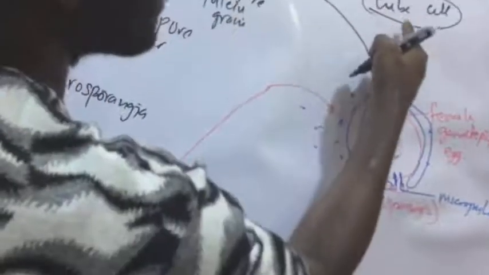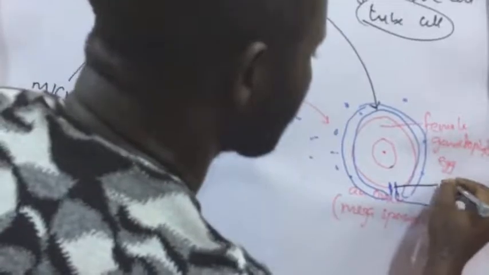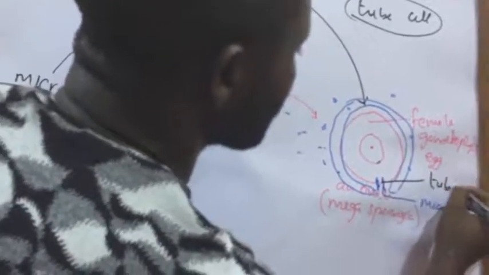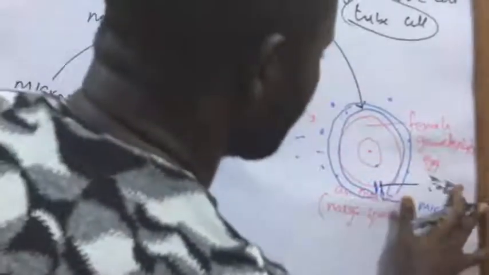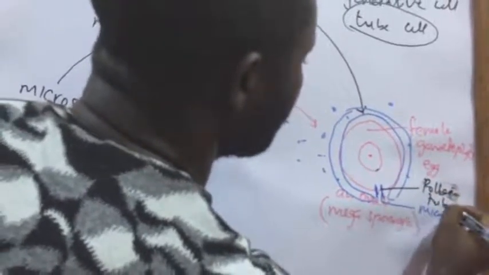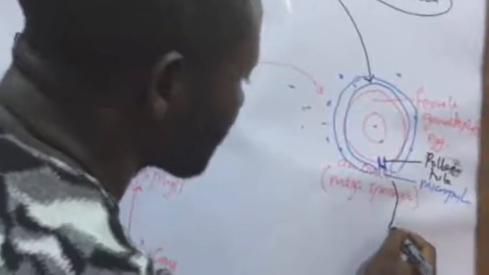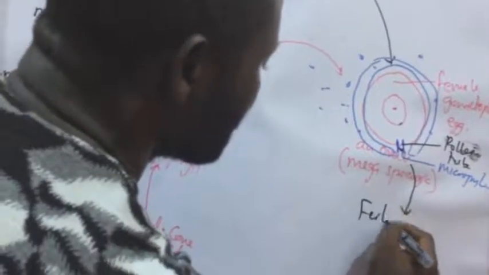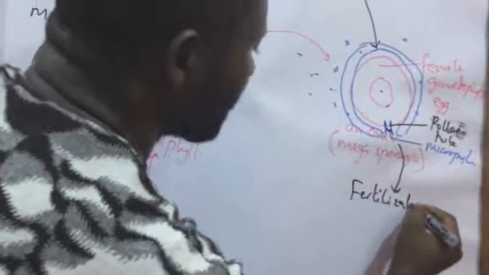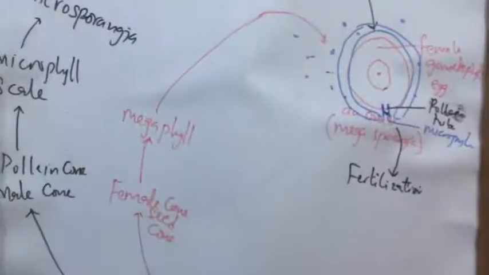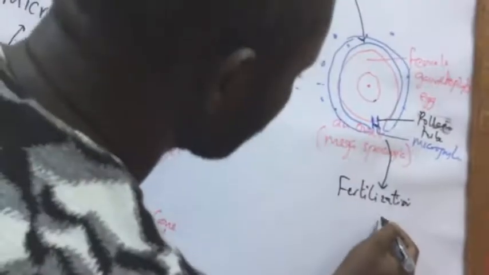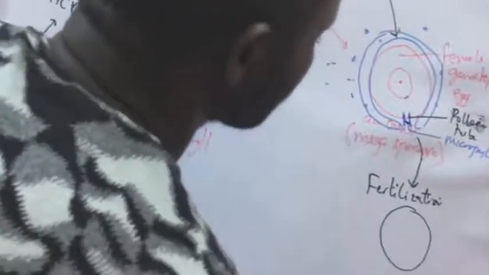The moment the pollen grain reaches here, we have what is called fertilization. The tube cell forms the pollen tube. What happens next is fertilization. Once there is fertilization, I will redraw this.